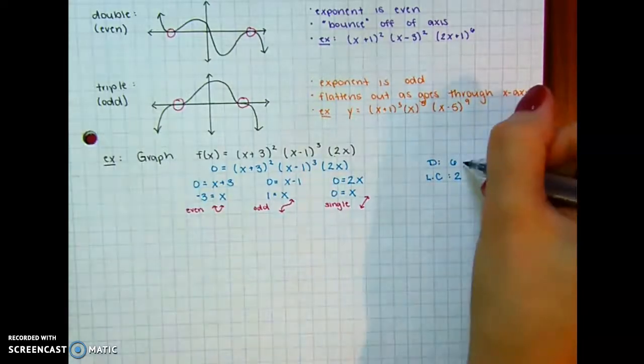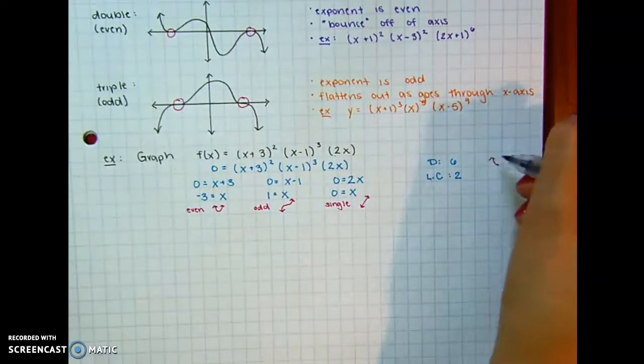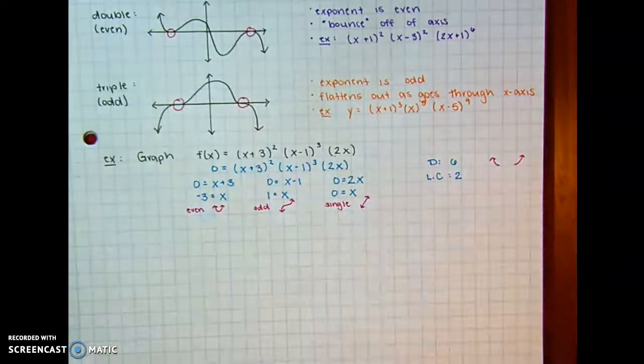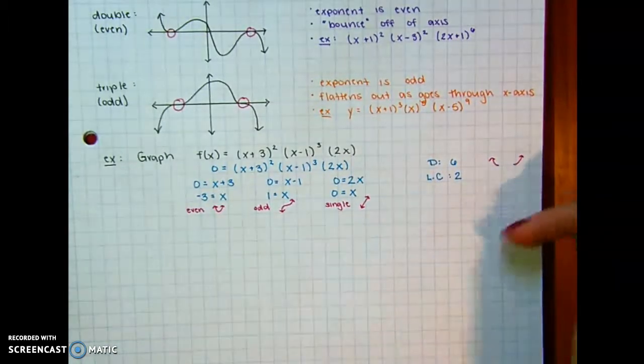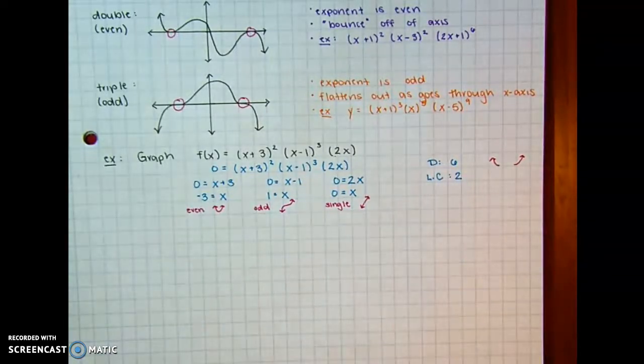So I know that this is even and positive, so from the left, it'll be coming down, and then it'll end going up. And I don't have to write the end behavior in limit notation, this is just purely to help me graph.